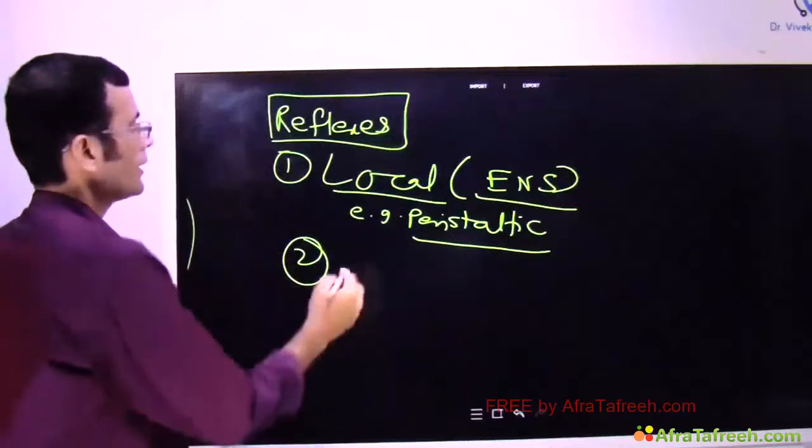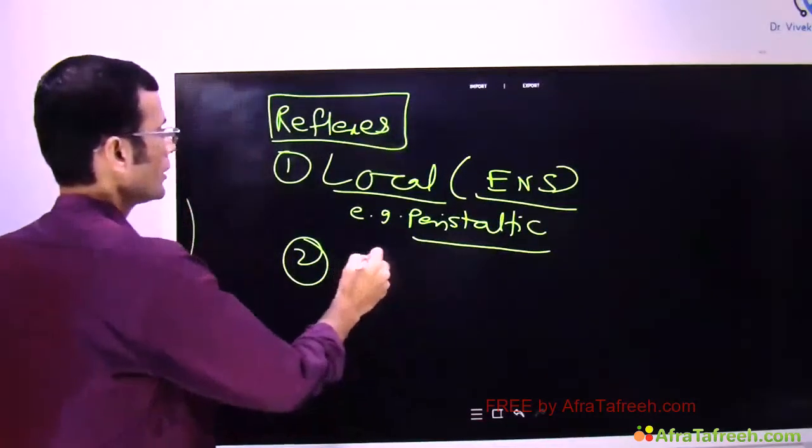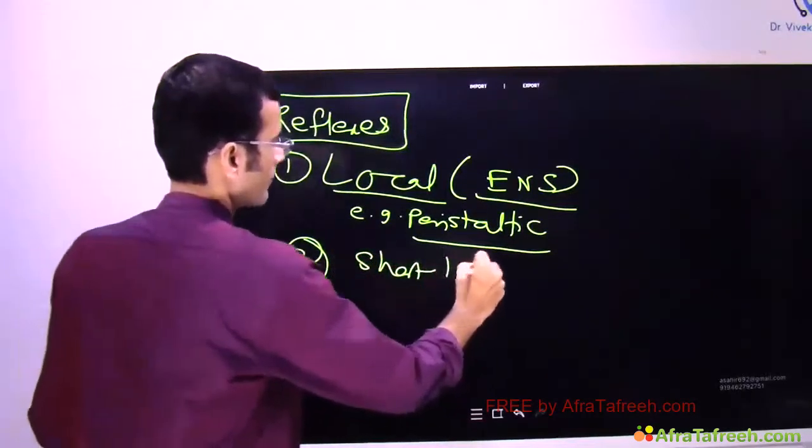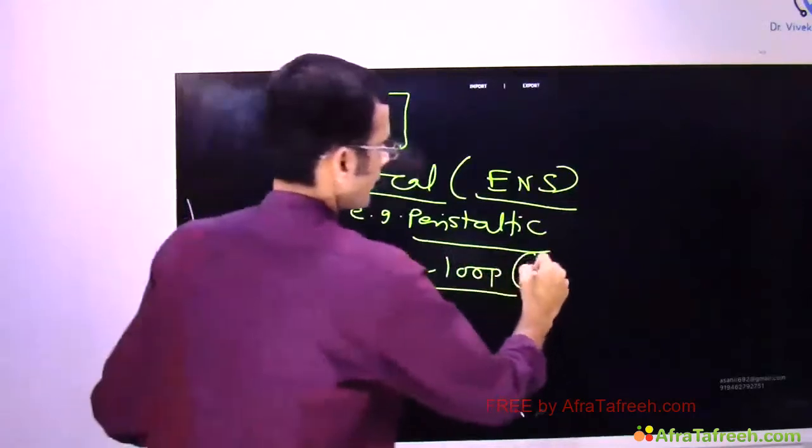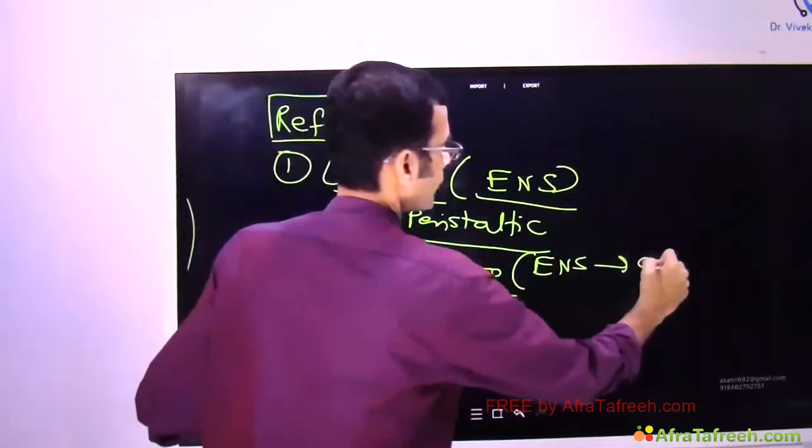Second type of reflex is the short loop reflexes. That is from ENS to spinal cord and back.